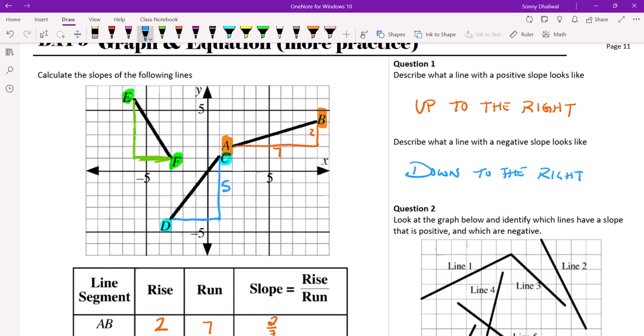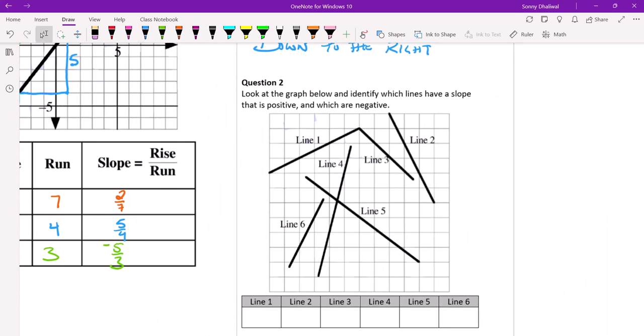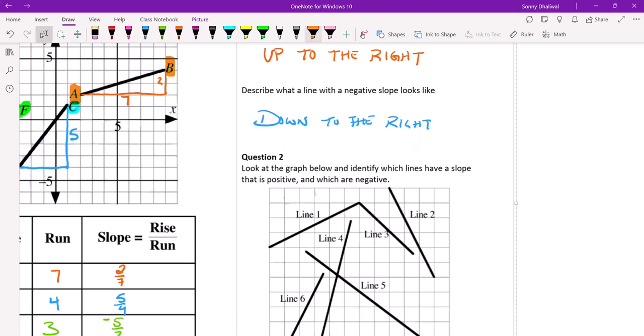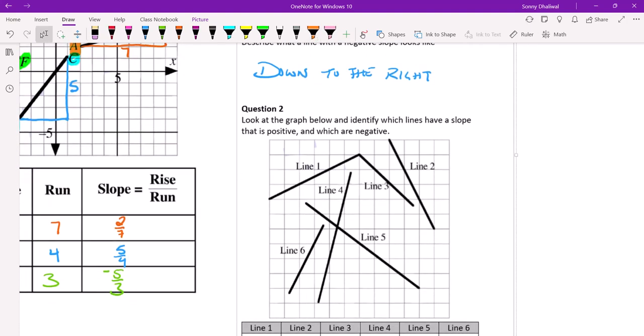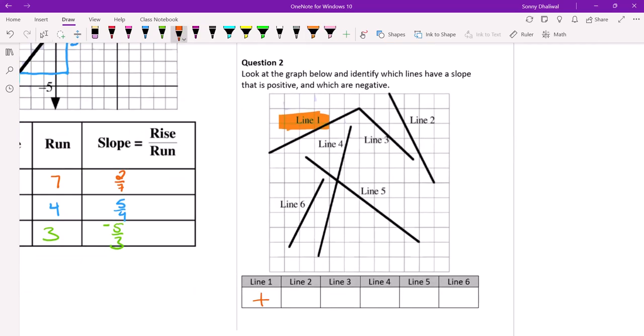Okay. So now we have 6 lines here. Which are positive? So I'm going line 1. Is it positive or negative? Positive. If it's positive, I'll highlight it in orange. So line 1 is positive, plus.